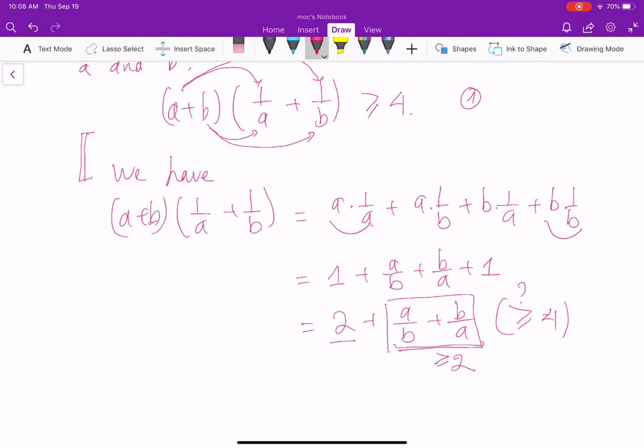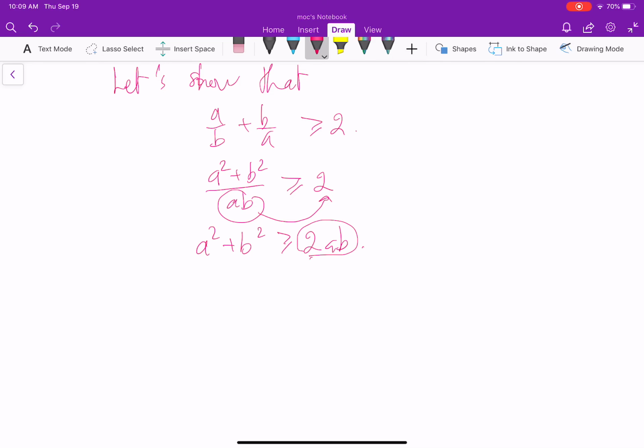Then multiply both sides by a times b. We get a squared plus b squared greater than or equal to 2ab. Then let's bring this term to the other side: a squared minus 2ab plus b squared greater than or equal to 0, or a minus b squared greater than or equal to 0.